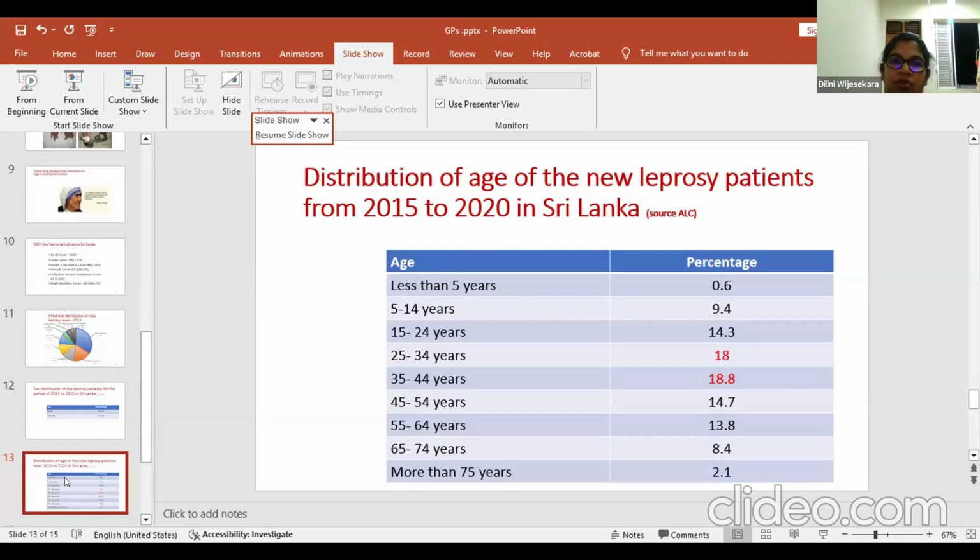So even though leprosy could not kill a person, this is the gravity and the problem we are facing at the moment, because year by year people will end up with deformities and disabilities, and ultimately they will be dependent on our community.